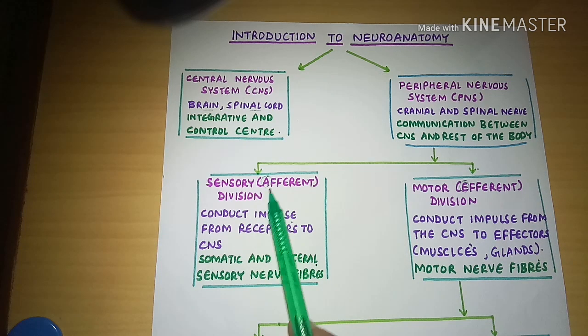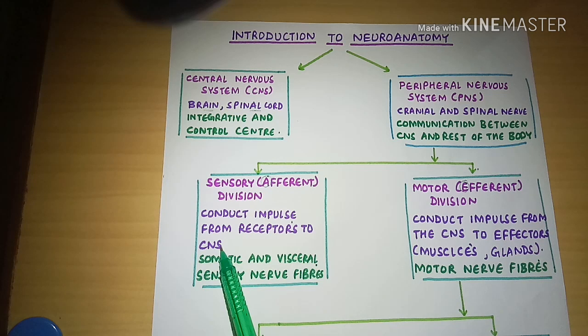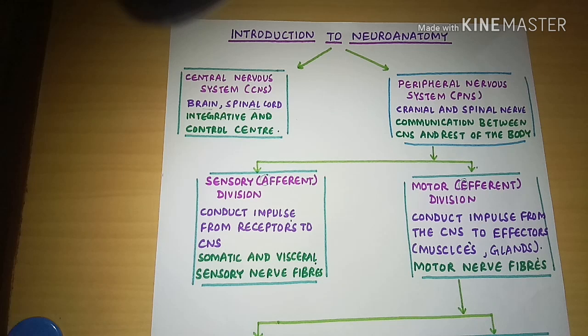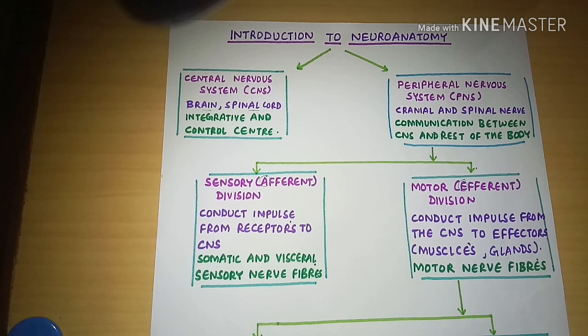The sensory division conducts impulses from receptors to the CNS, isn't it? We know that the peripheral nervous system makes communication between the central nervous system and the whole body parts. So if the impulses are conducted from receptors towards the CNS, then it is called the sensory division or afferent division.